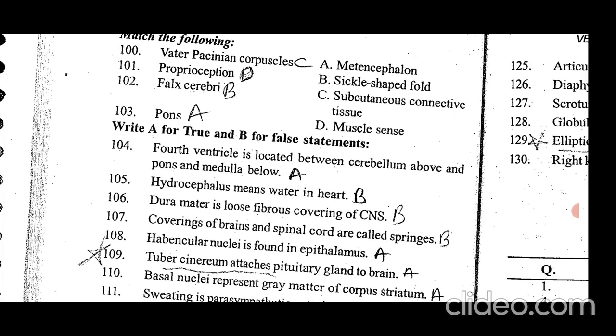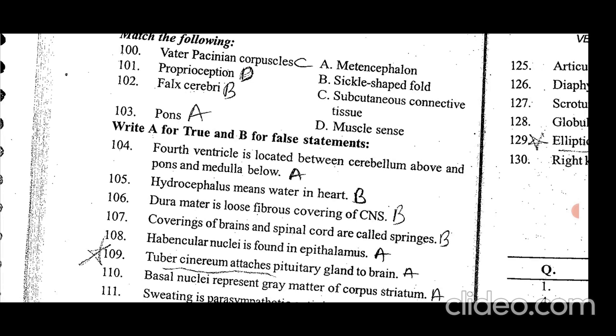Habenular nuclei are found in the epithalamus. Tuber cinereum attaches the pituitary gland to the brain. The fourth ventricle is between the cerebellum, pons, and medulla. Vater-Pacinian corpuscles are in subcutaneous connective tissue. Proprioception is muscle sense. Falx cerebri is a sickle-shaped fold.